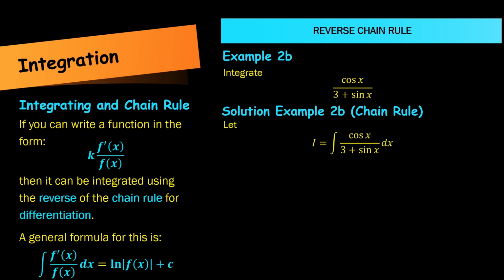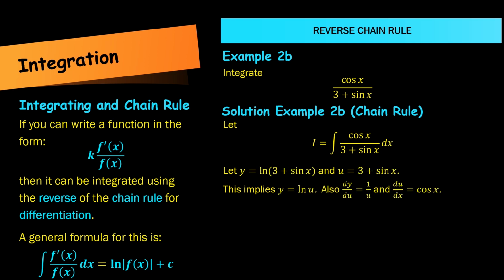We're now going to solve part B using the other method. So let's let y equal ln of 3 plus sine x and u equal 3 plus sine x. This, of course, implies that y equals ln of u. And so dy du equals 1 over u, and du dx equals cos x.